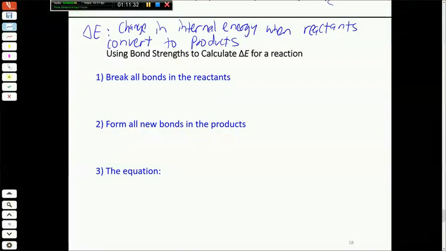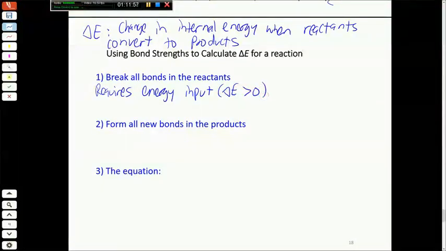And so the way we're going to do this is if we know the bond energies for all of the bonds that are involved in the reaction, we can break all the bonds on the reactant side. So this requires energy input, which means the change in energy for breaking all the bonds is a positive number.